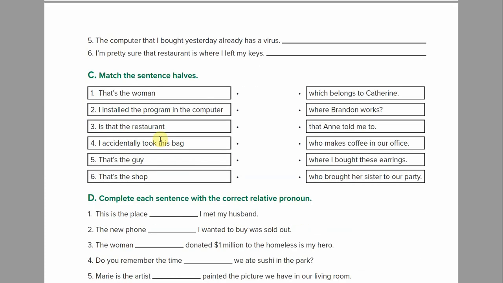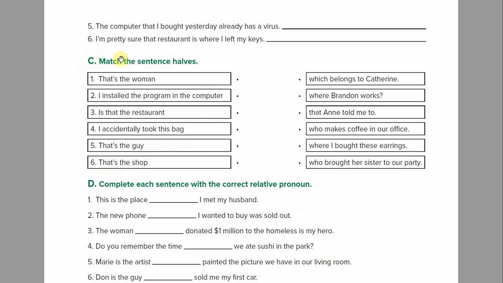All right. Now let's go on to exercise C. It says to match the sentence halves. So let's go through and read and repeat each column first so we understand. So number 1, that's the woman. Repeat after me. That's the woman.